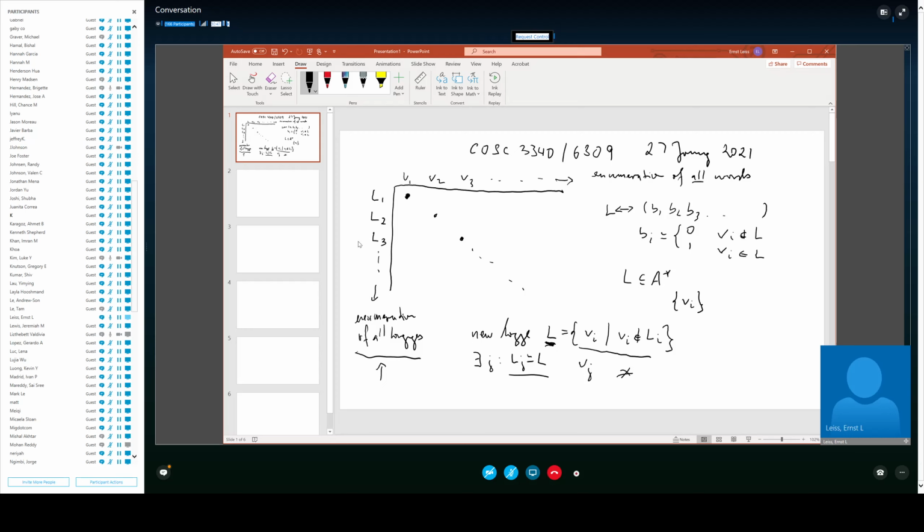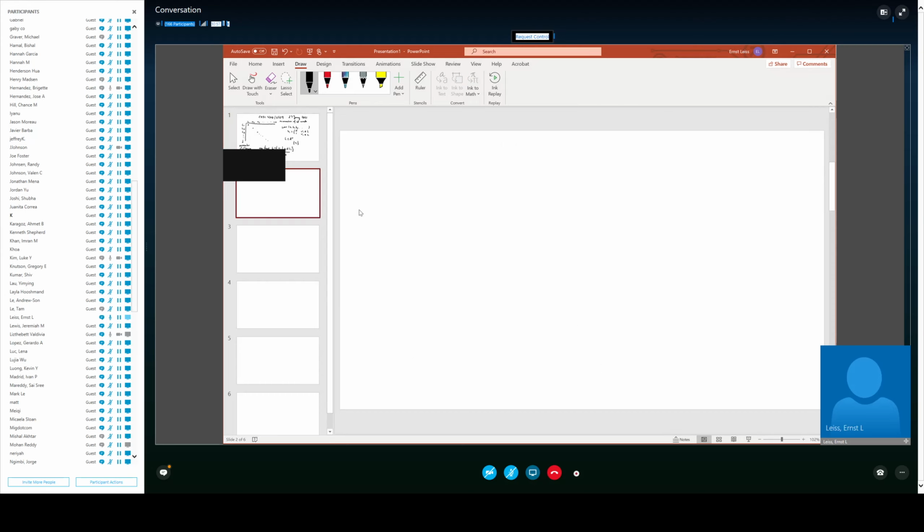And that is immaterial of whatever way of describing a language you use, which brings us now to the first type of device, finite automata.